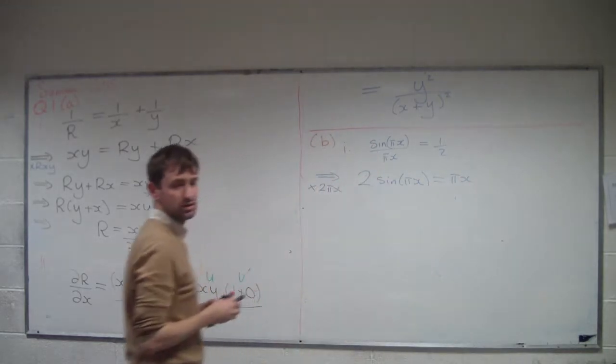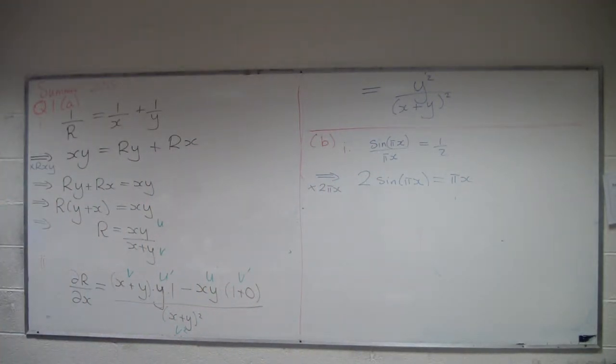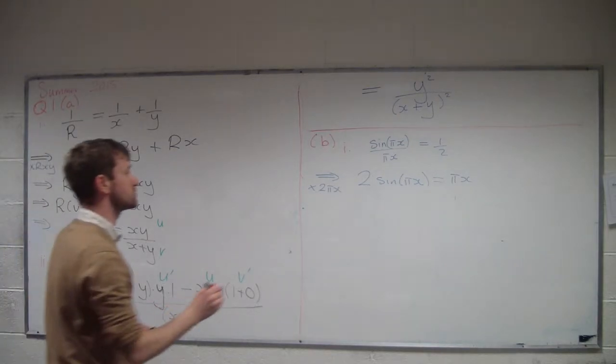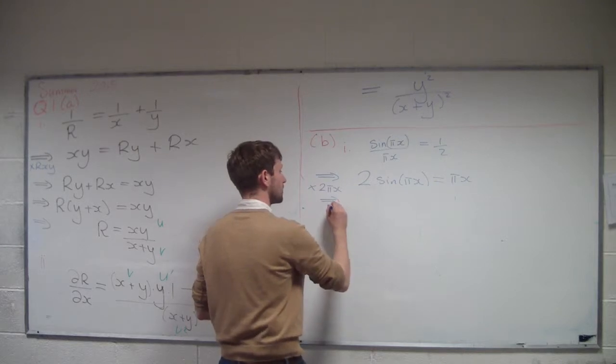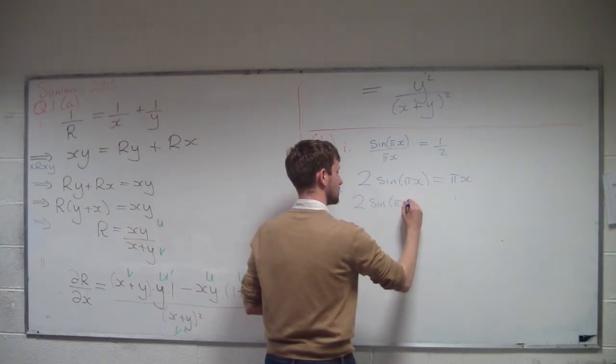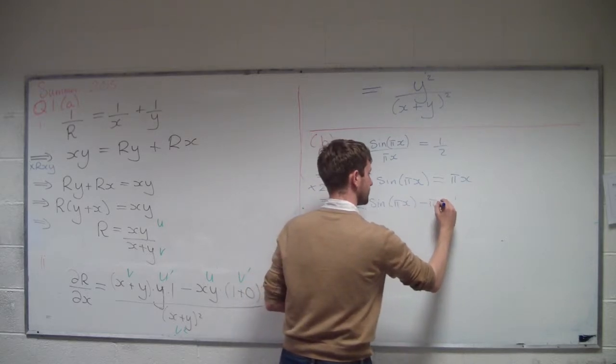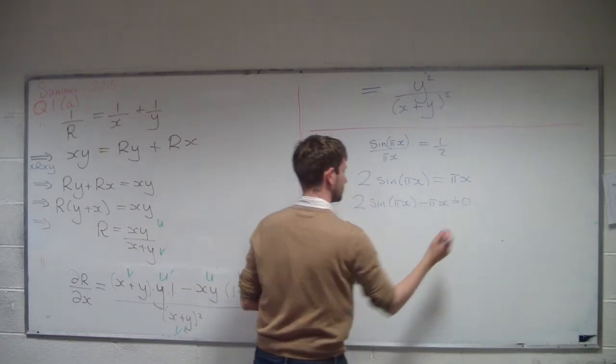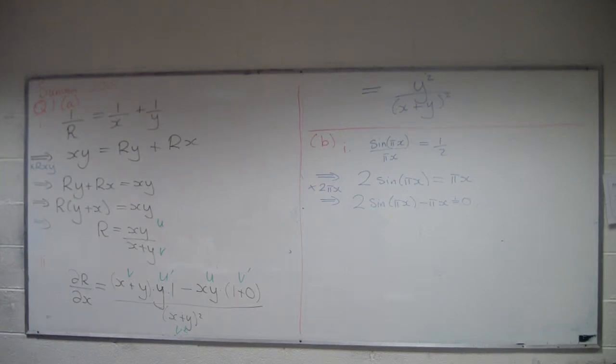Let's have a little look at my thing. And it's just 2 sine pi x minus pi x equals 0. So I take away the pi x from both sides and I'm done. So that's that. First bit done.